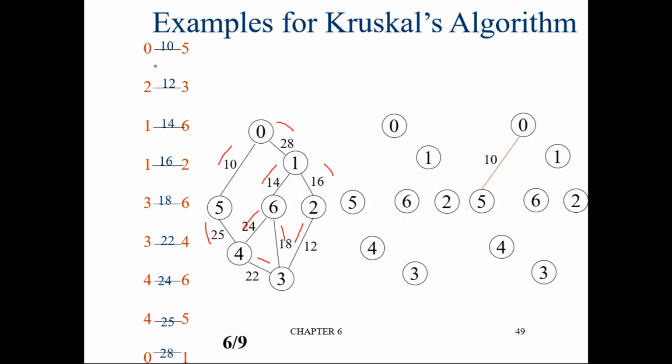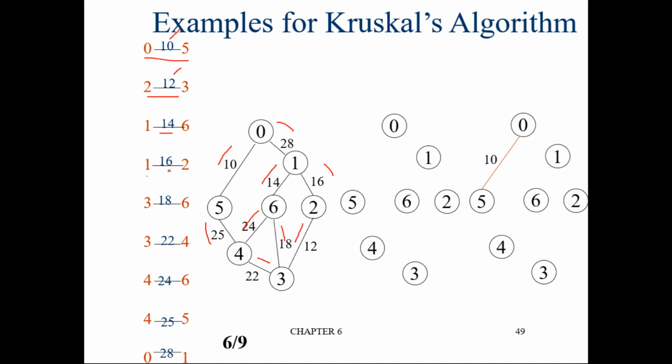What is the first edge? 0 to 5, its cost is 10. Second edge 2 to 3, its cost is 12. These edges are sorted in ascending order. The minimal cost edge is 10, between 0 and 5. Next minimal cost is 12, between 2 and 3. Next is 14, between 1 and 4.